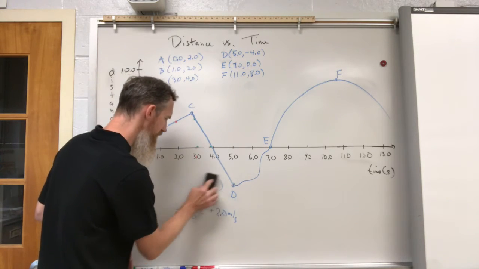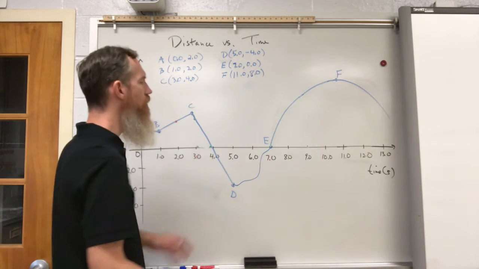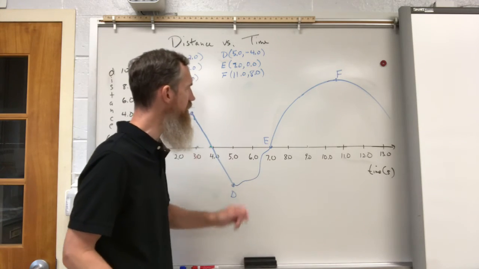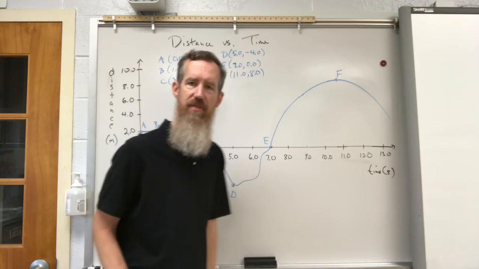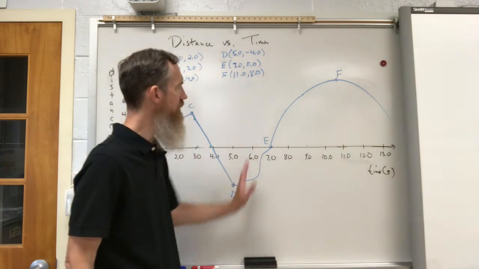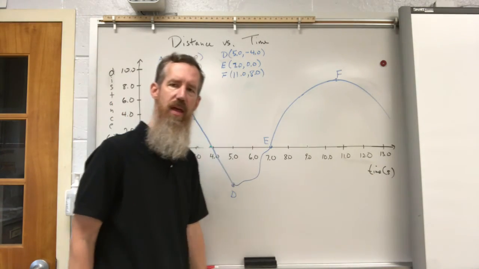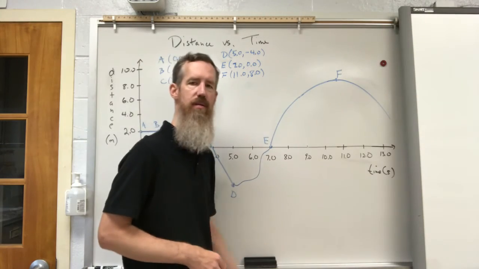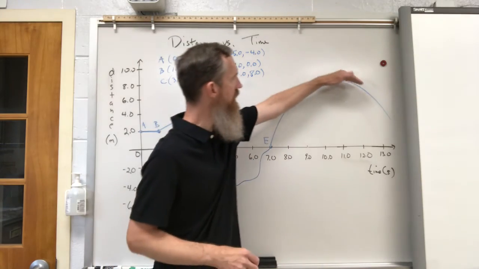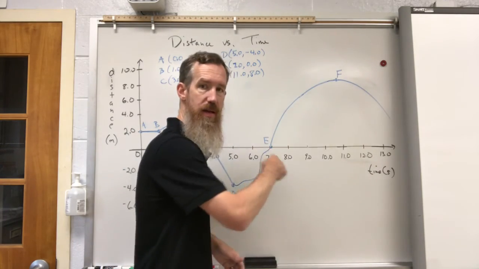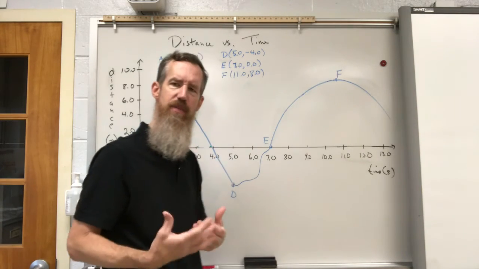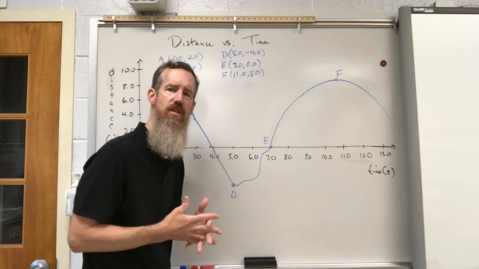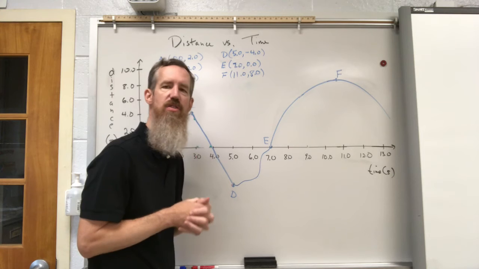And then lastly, we get back to the origin and then we have this kind of motion, this nice kind of parabolic shape. And when we see a nice parabolic shape like this, it can be downward, it could be parabolic like this. When we see a nice parabolic shape, usually that means there's a nice consistent acceleration.